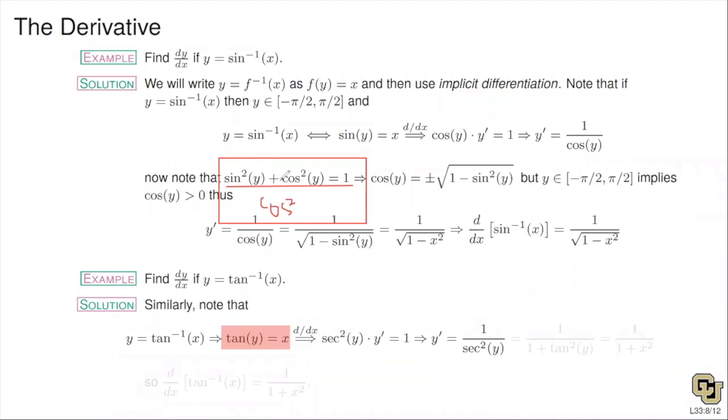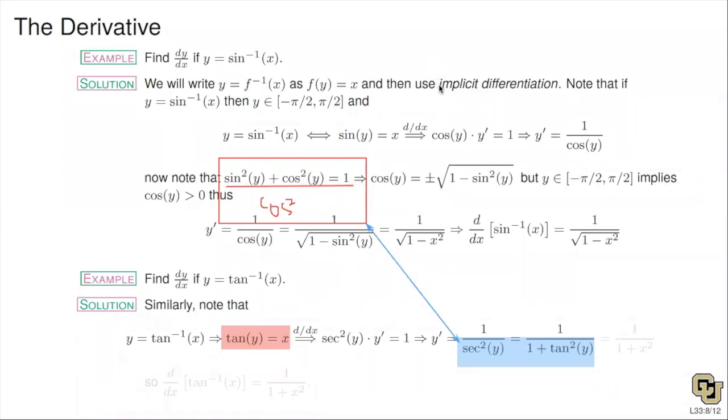So tangent squared plus 1 equals 1 over cosine squared. I get tangent squared plus 1 equals secant squared. And so here, the secant squared, I've replaced with 1 plus tangent squared. And you can derive that directly from sine squared plus cosine squared. As I said, if you have sine squared plus cosine squared equals 1, just divide both sides by cosine squared.